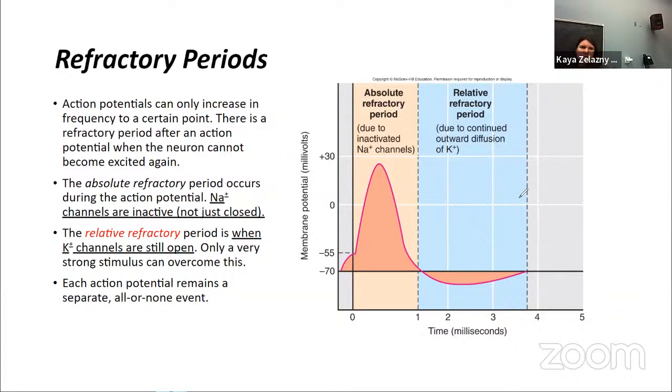Because that permeability to potassium is high, the potassium is still leaving the cell, making the cell more negative, hyperpolarizing.